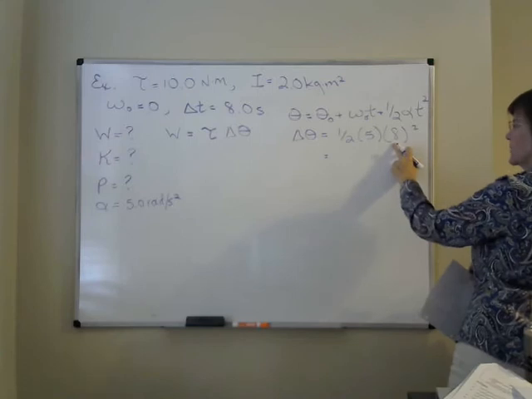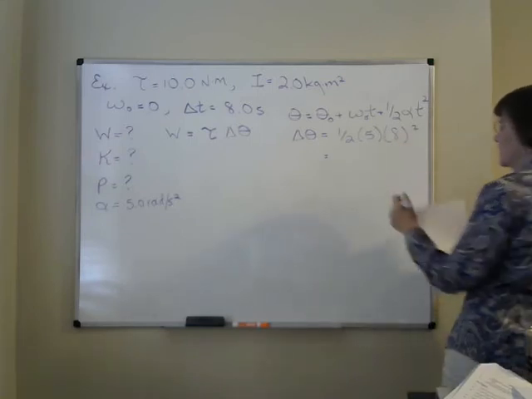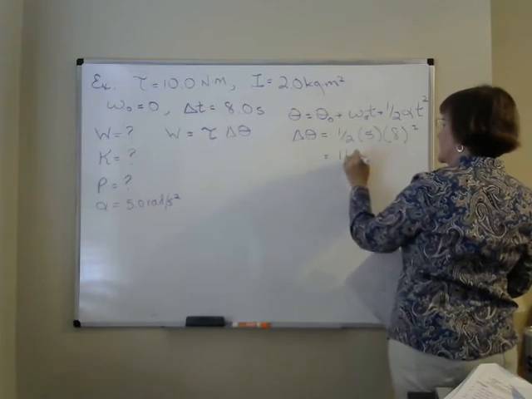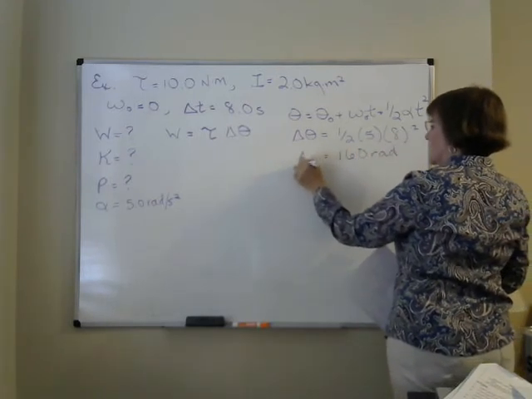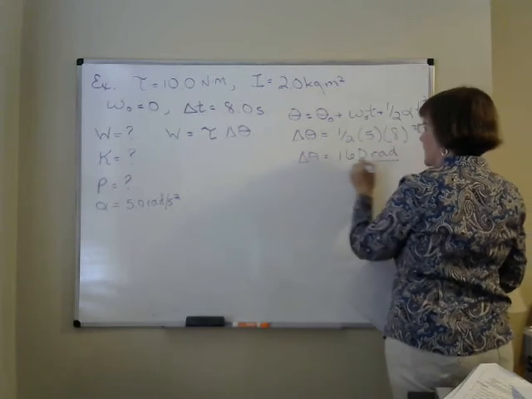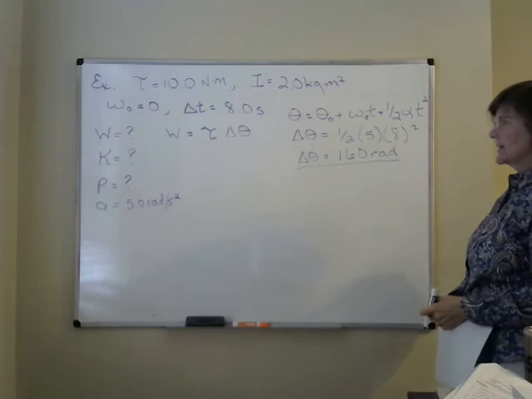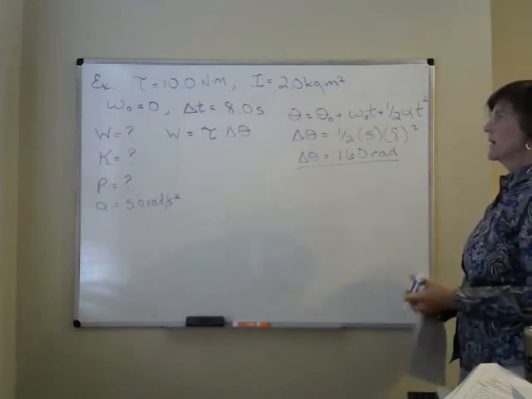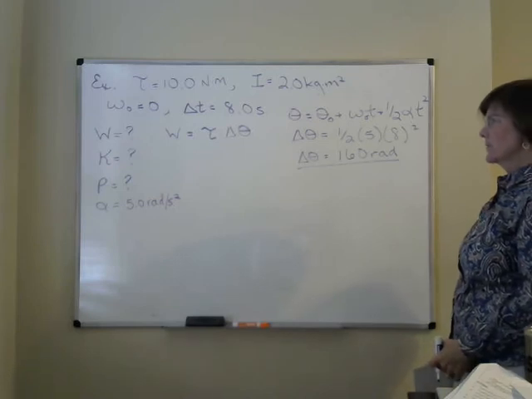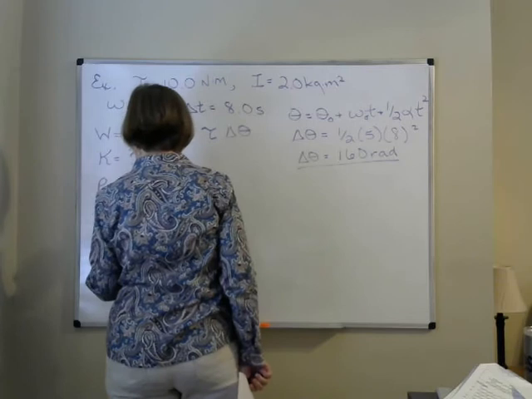Half of 64 is 32. 32 times 5 is going to be 160 radians. In 8 seconds, if this begins at rest, it's going to rotate 160 radians. Whew, I think I can answer the first question. Let me write this down, just in case I need it.